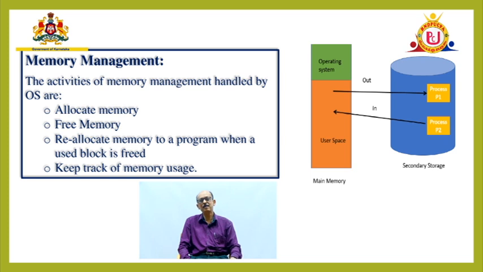Under memory management, there is something called swapping. One job is active and will be brought into memory. There will be one more job in the main memory which is inactive. Just now it has finished its activity, and after finishing that, it is not working.